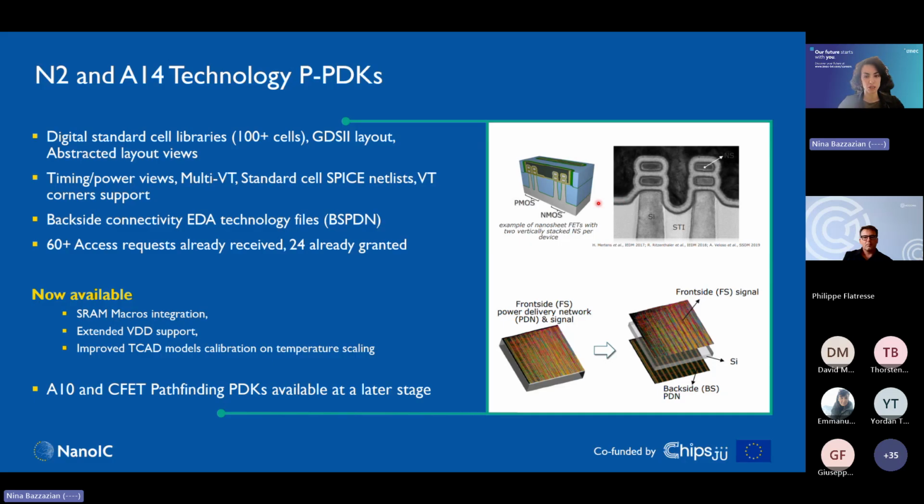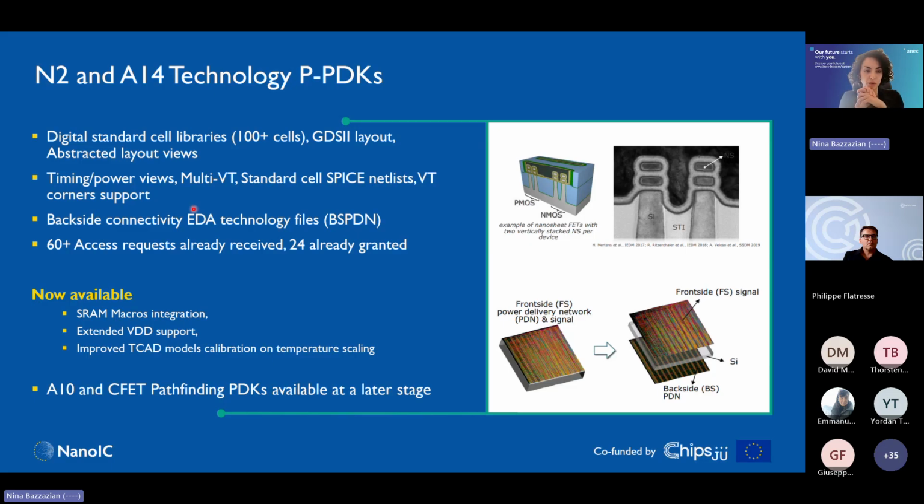And what is provided in the PDKs are actually a set of standard cell libraries plus more than 100 cells, together with abstracted layouts, GDSII layouts, timing models, power models, and most importantly, comprehensive design support.